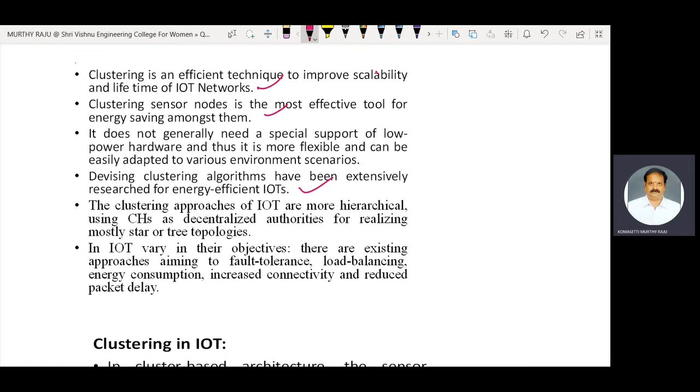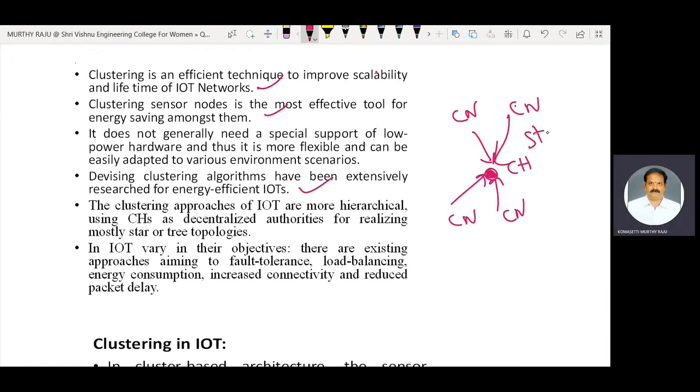The clustering approaches of IoT are more hierarchical, using cluster heads as decentralized authorities for realizing mostly star or tree topologies. This is the cluster head, receiving the information from the cluster nodes.